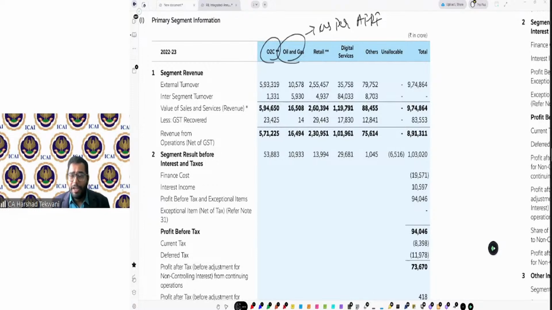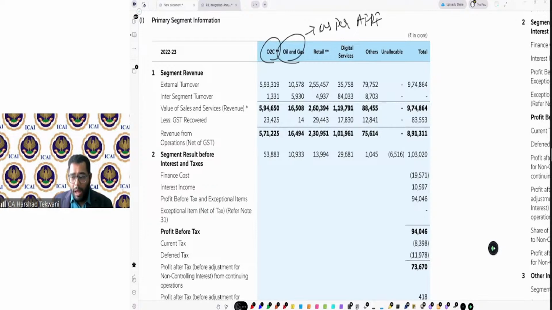Nature, relevance, and reliability of the method used to present and disclose the segment information and use of analytical procedures. Tanisha, can you clarify a bit what you just wrote?